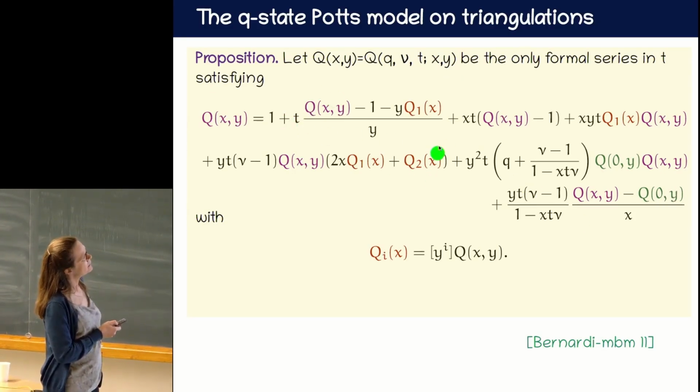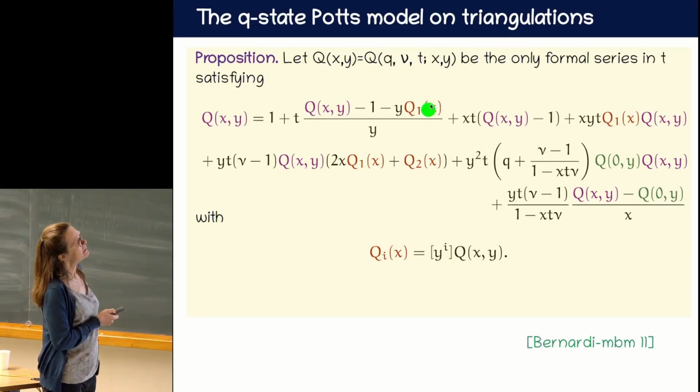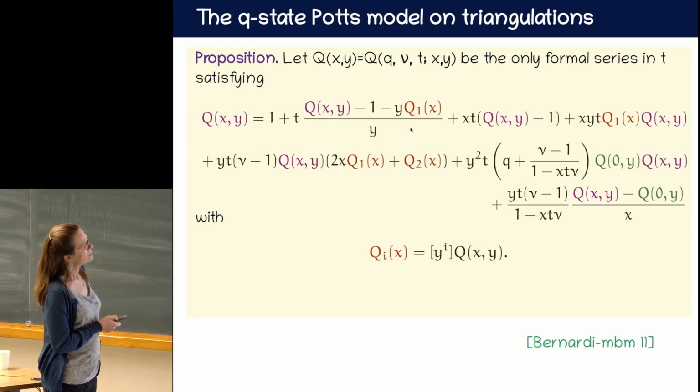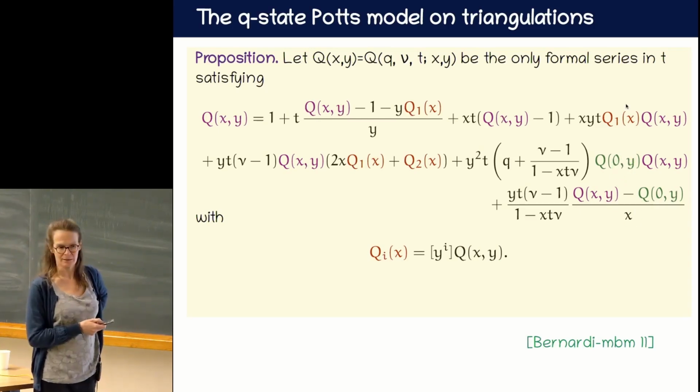And in this something, you find, of course, the original series, but also two series here that do not depend on y. And so they are the coefficients of y to the i in the main series. And also here, a series that does not depend on x.